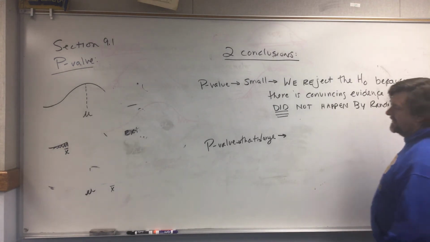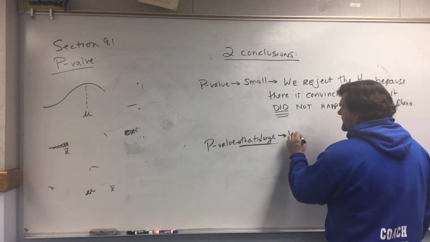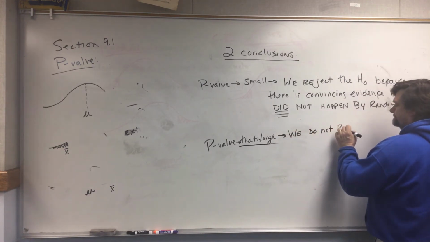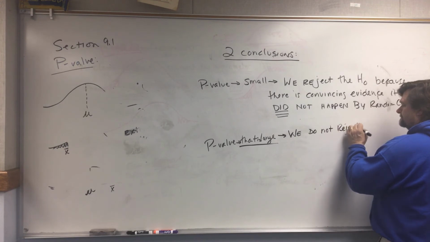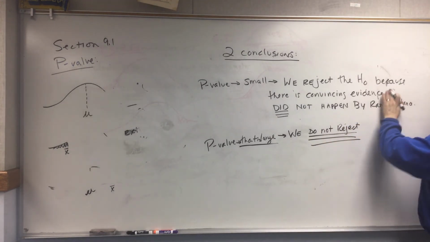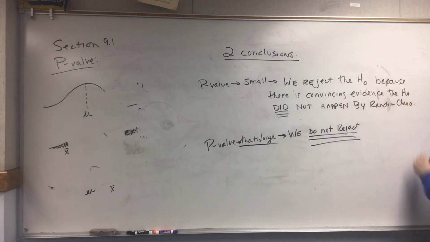Okay? If the p-value is large, we do not reject. I shouldn't say there is convincing evidence that H of A did not happen by random chance.